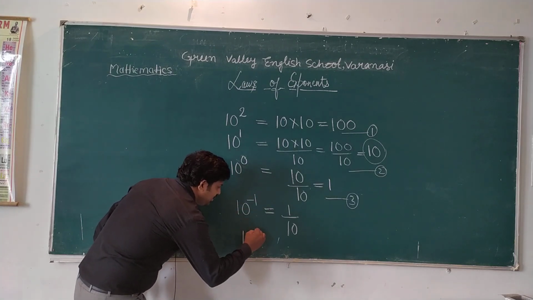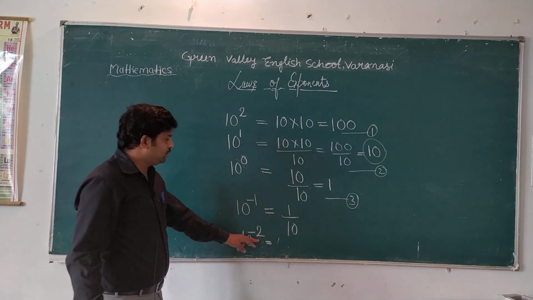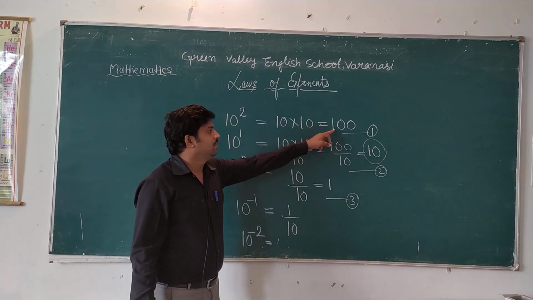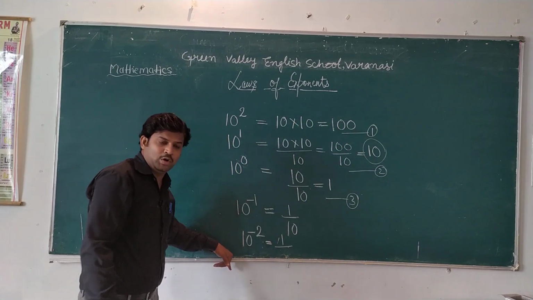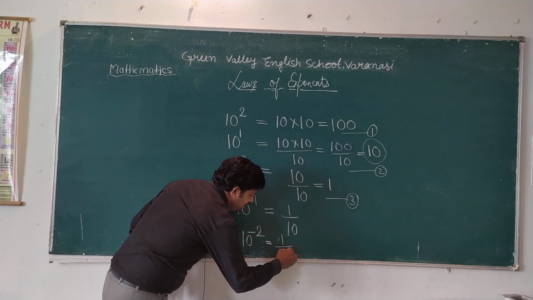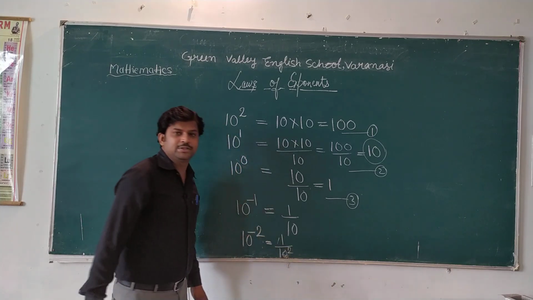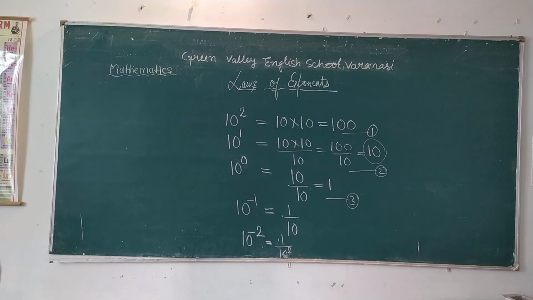When we write 10 to the power minus 2, the value of 10 to the power 2 is 100. Now we can write 1 upon 10 to the power 2, so 10 to the power minus 2 means 1 upon 10 to the power plus 2.